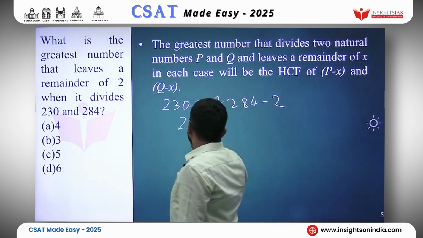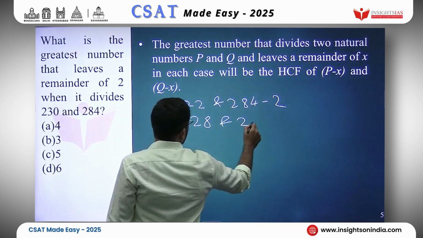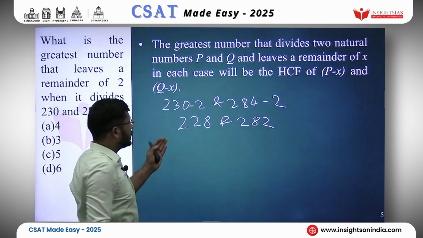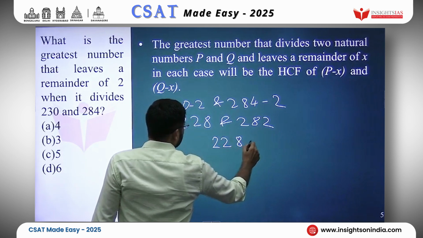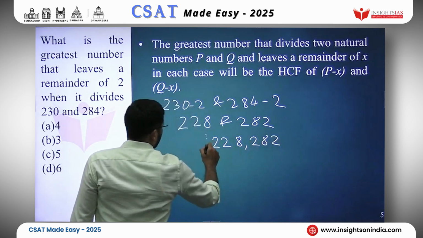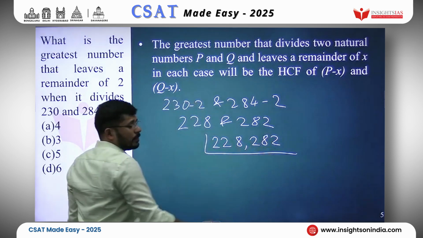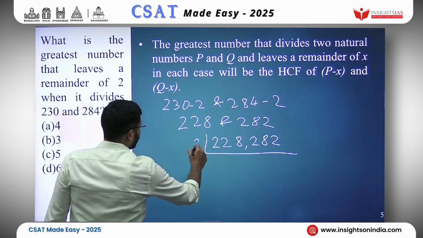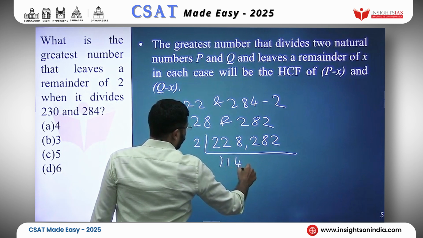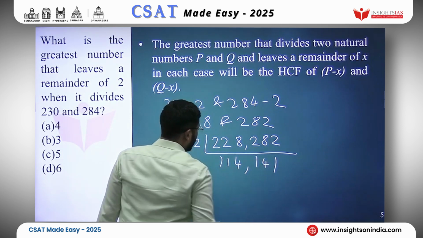That would be 228 and 282. So we just need to take the HCF of the two. How do we do that? Our process remains the same. We will divide by any common number. Both of them are even numbers, so we will divide them by 2. This would be 114 and this would be 141.